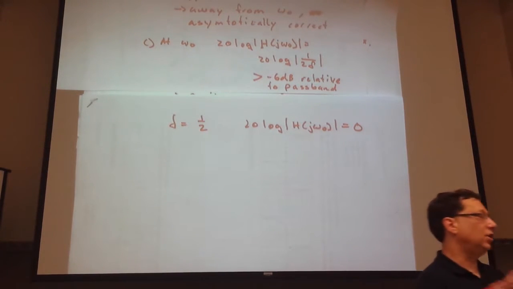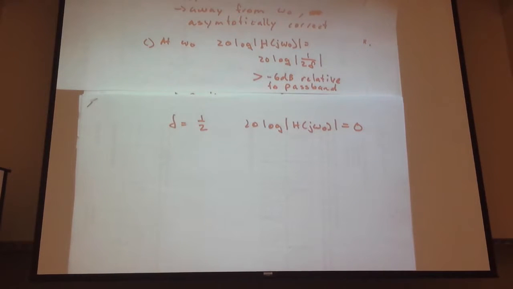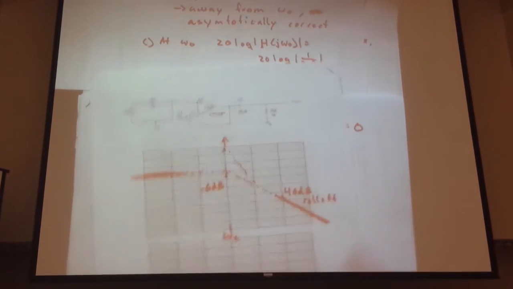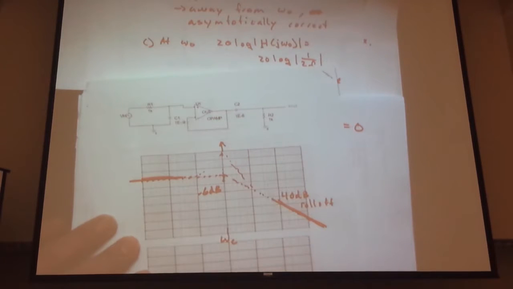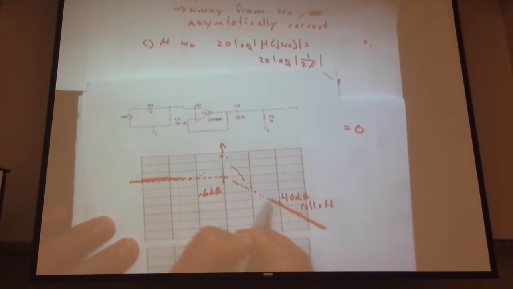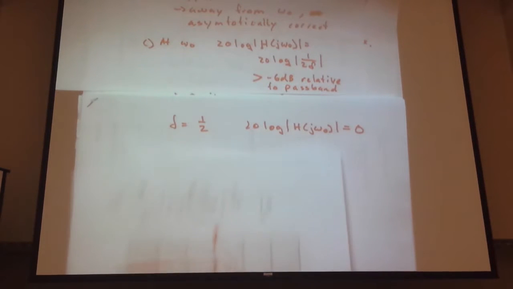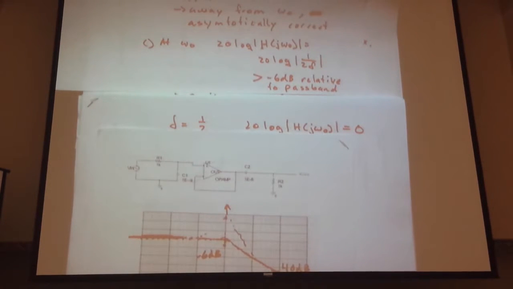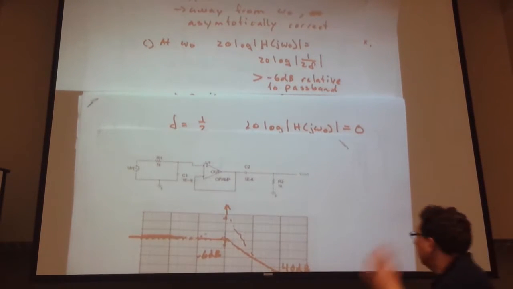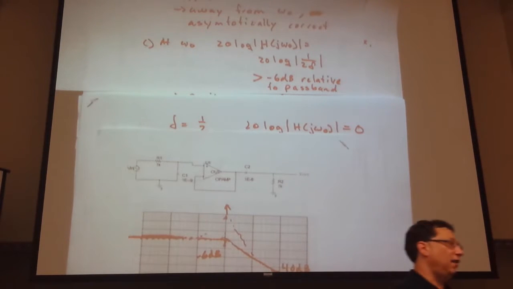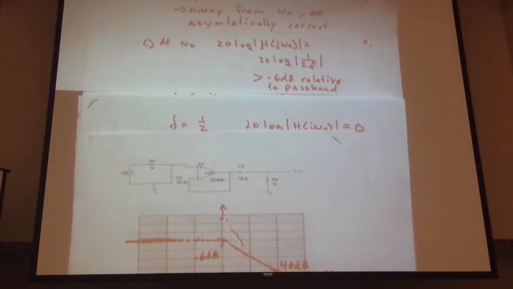So if we have a gain term in here, everything shifts off as well. That's 0 dB relative to the pass band, and that will be right there, which gives us a nice corner, supposedly, something along that line. And so this is where we want to be. So in our design problems, if we're trying to make a flatter pass band, we need to have a second order circuit.